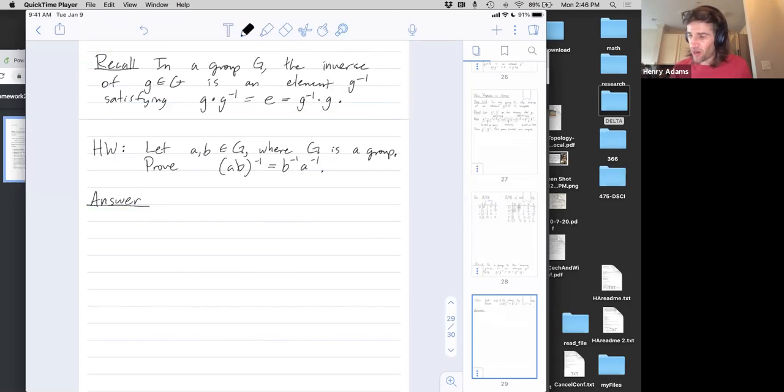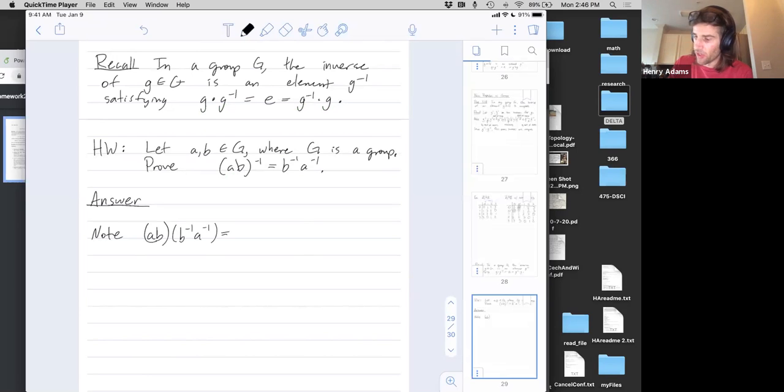Okay, so how are we going to prove that the inverse of A times B is something? We're going to take A times B and multiply it by the alleged inverse. Hopefully we get the identity. And also we're going to take A times B, multiply it by the alleged inverse in the opposite order, and hopefully we get the identity.